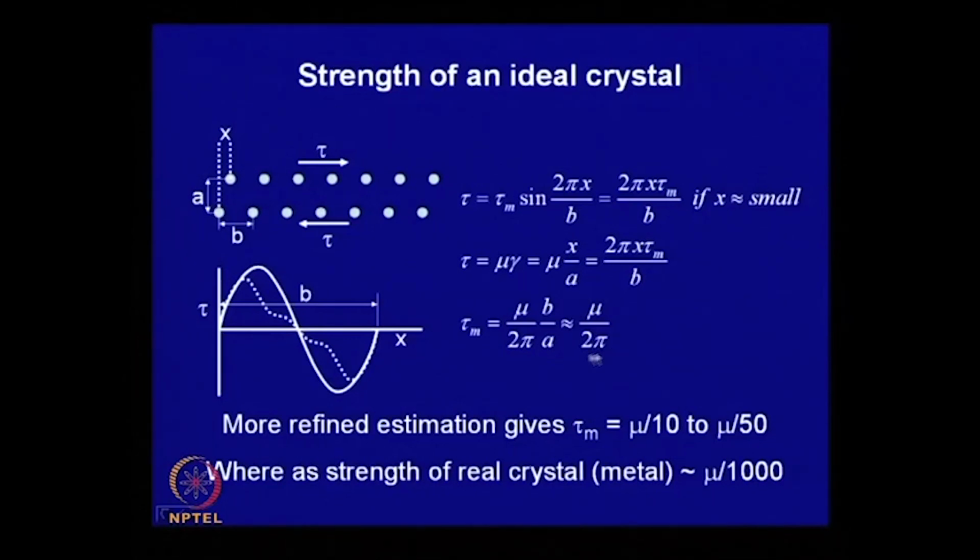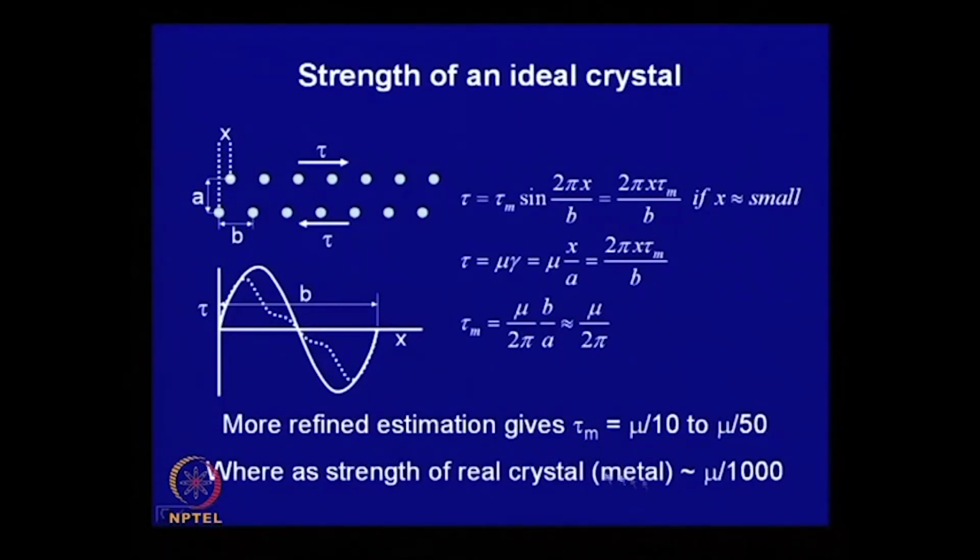But in most cases we do not get that; normal crystal that we know is much softer. People have even done more refined calculation by more realistic representation of this periodic stress field, say something like this. But even then, at best, the more refined calculation may give up to this.